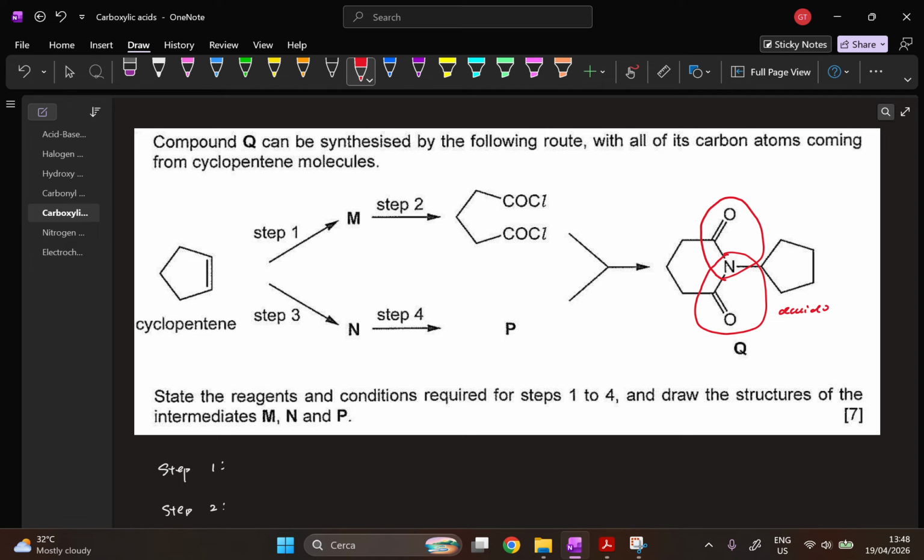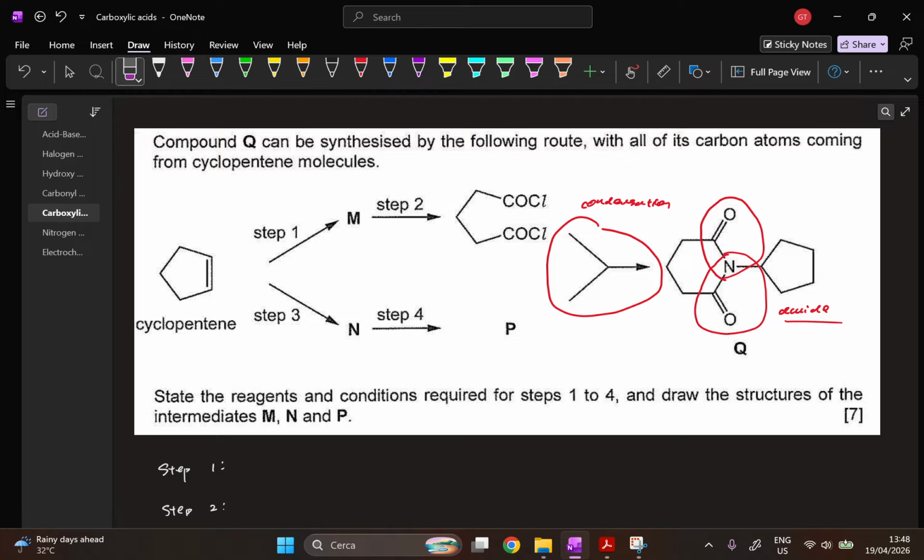And we know that an amide is formed from condensation. That's why we have this arrow here to show that P will undergo condensation in order to form my amide. Now, this compound over here is obviously an acyl chloride, right?